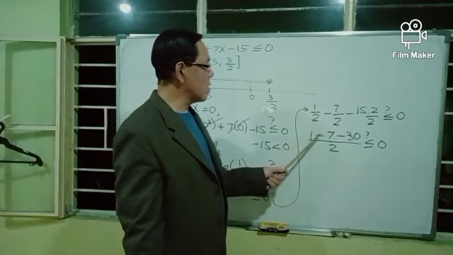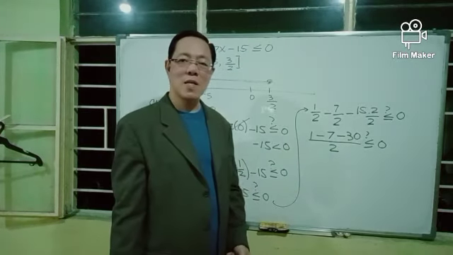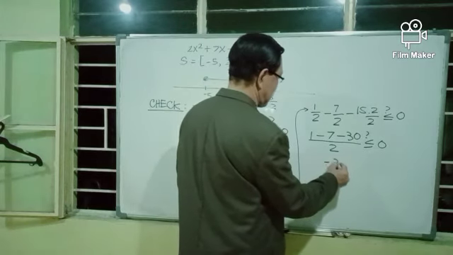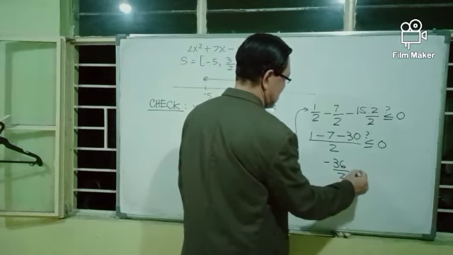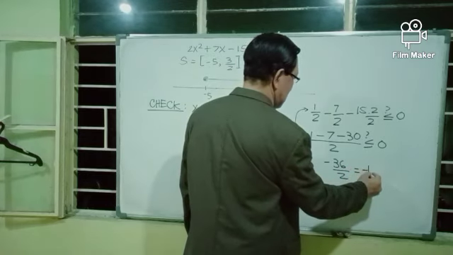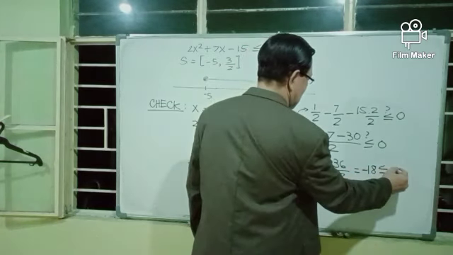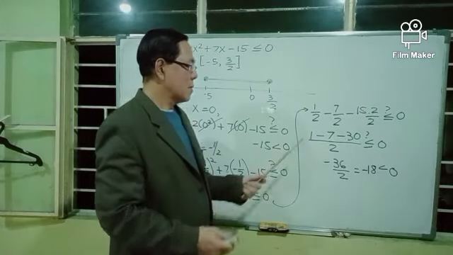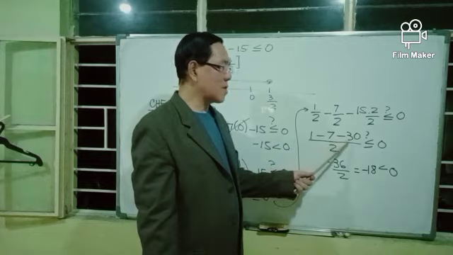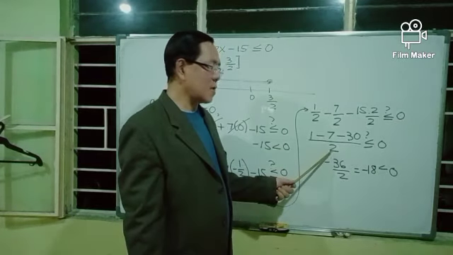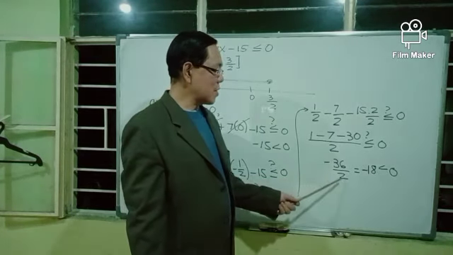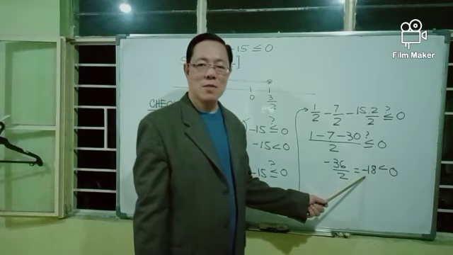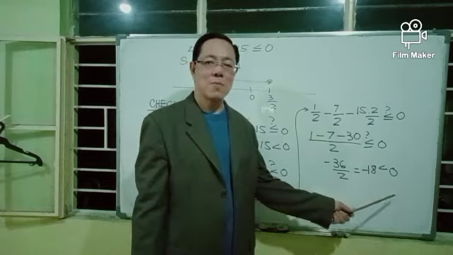We have 1 minus 7 minus 30 is negative 36/2. Negative 36/2 is negative 18. And negative 18 is certainly less than 0.